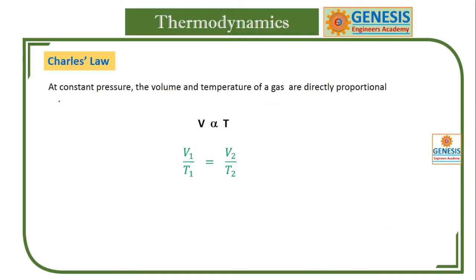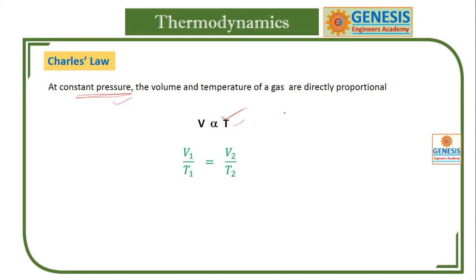Next one is called Charles' law, at constant pressure. It is possible in realistic operations also. The volume and the temperature of a gas are directly proportional. Here the caution is that the temperature must be absolute temperature. Understand?